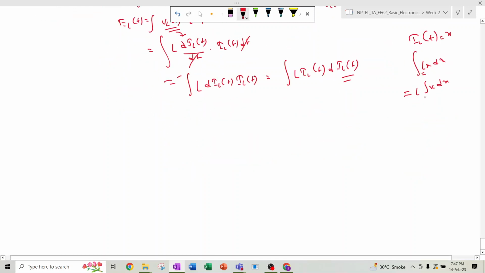For the interval 0.3 to 0.4 milliseconds, the integration gives L x square by 2.